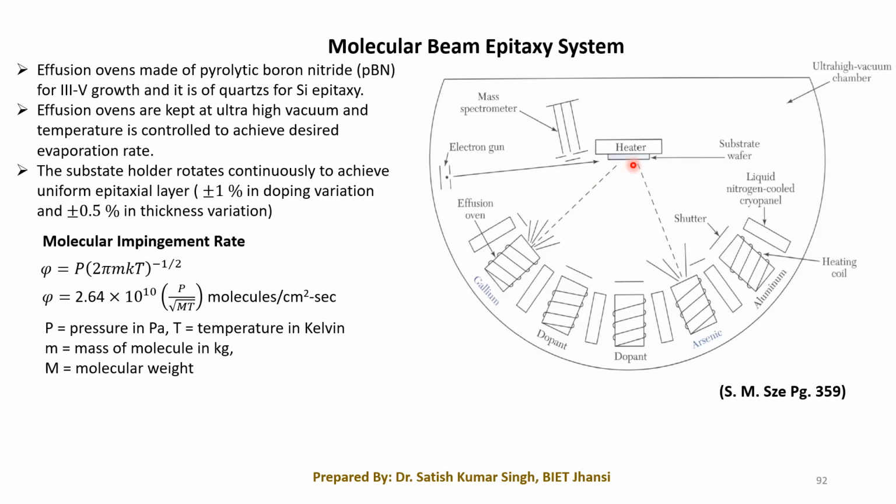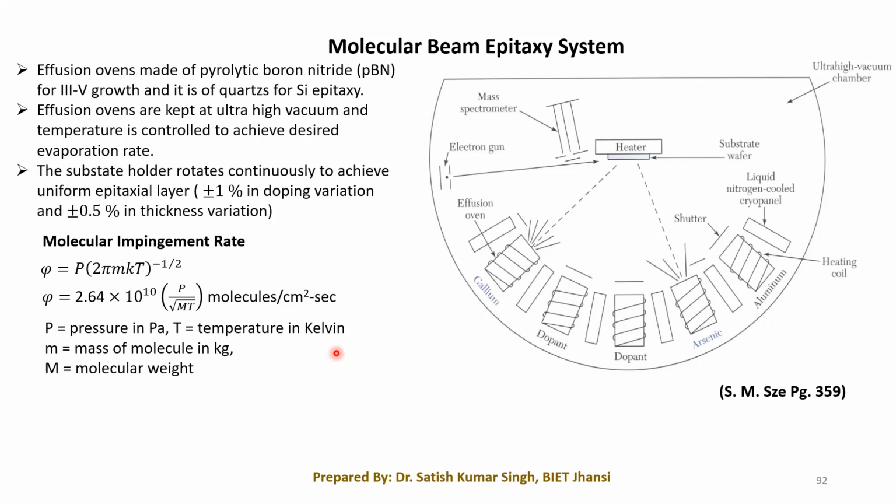You can see that this molecular impingement rate is directly proportional to the pressure within this particular vacuum, and it is inversely proportional to the root over the temperature. So this equation will be used for deciding the molecular impingement rate.